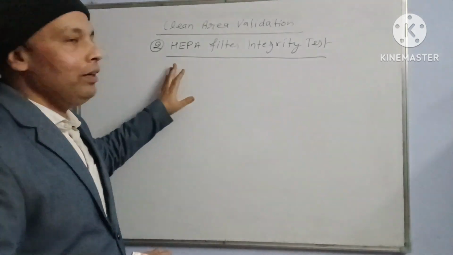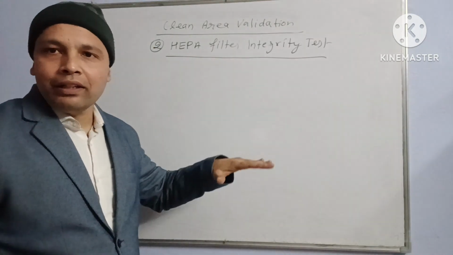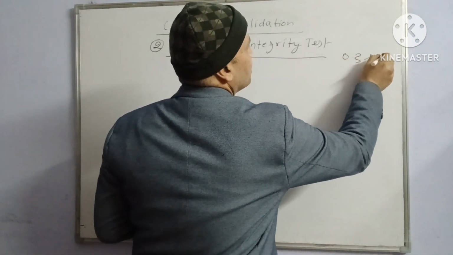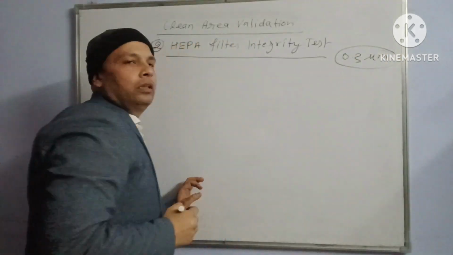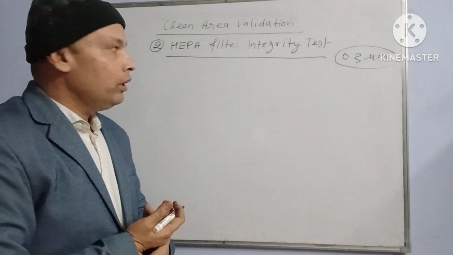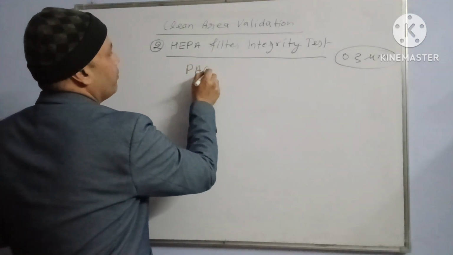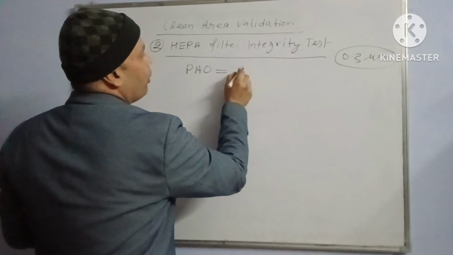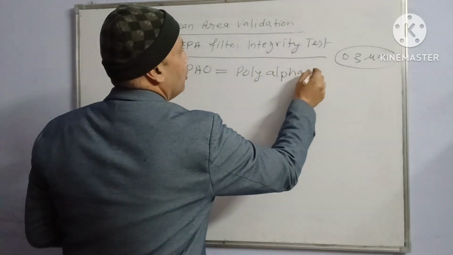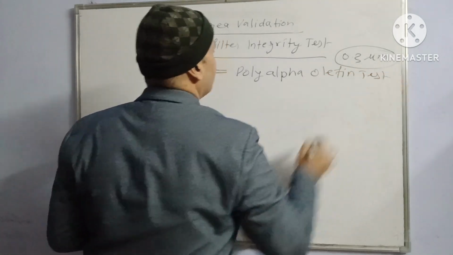Okay, HEPA, all of you are aware, is a high efficiency particulate air filter having a pore size of 0.3 micrometer. It blocks all the particulate matter coming into the area, clean rooms. So this test is also known as the PAO test, the poly alpha olefin test.